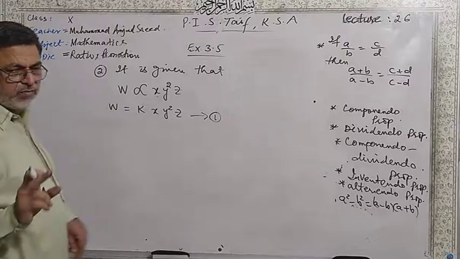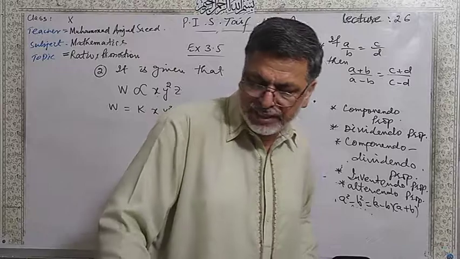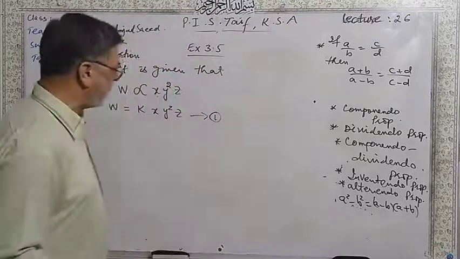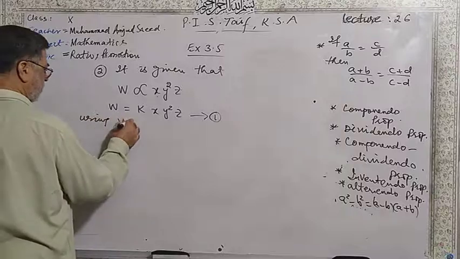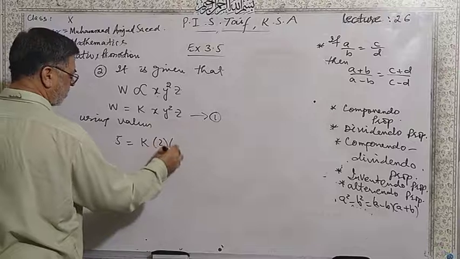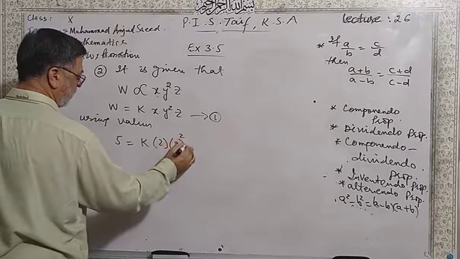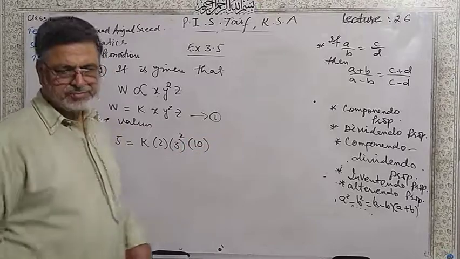So using the first set of values, W is equal to 5, x is 2, y is 3, that is 3 square, and z is 10.